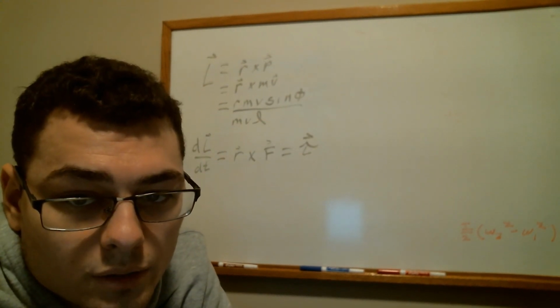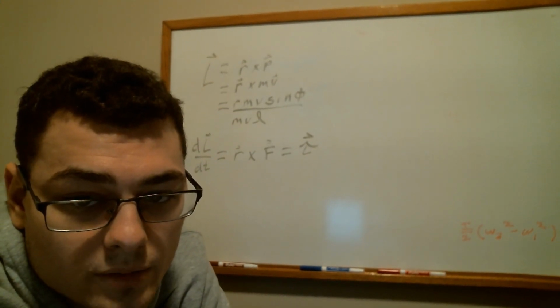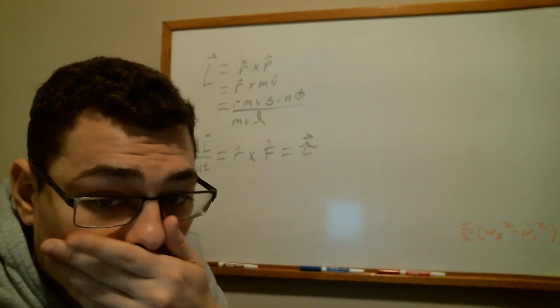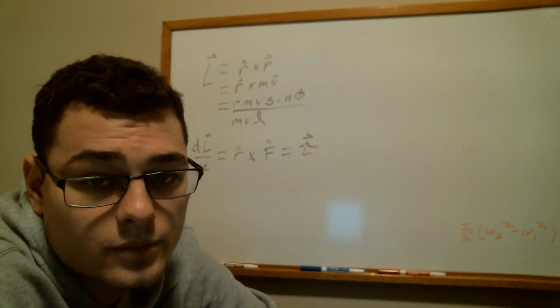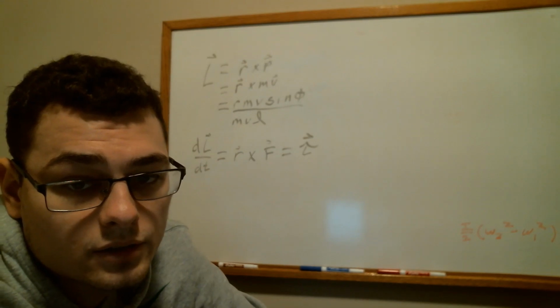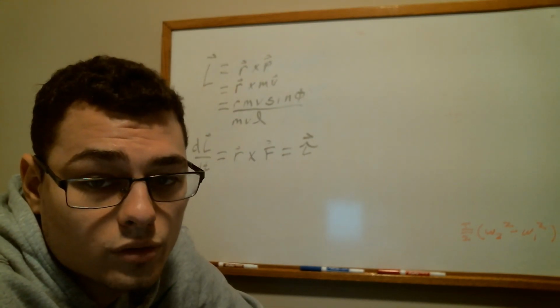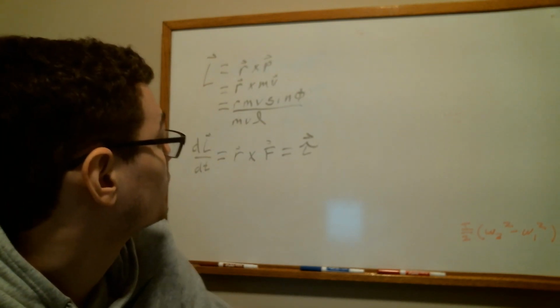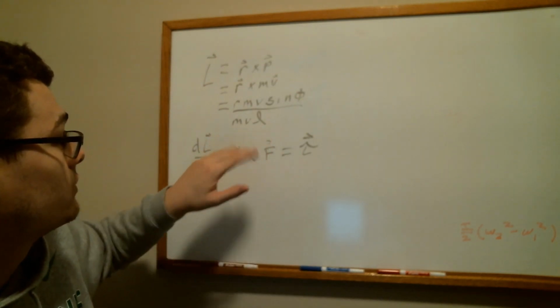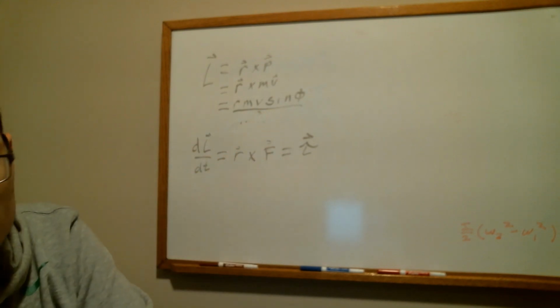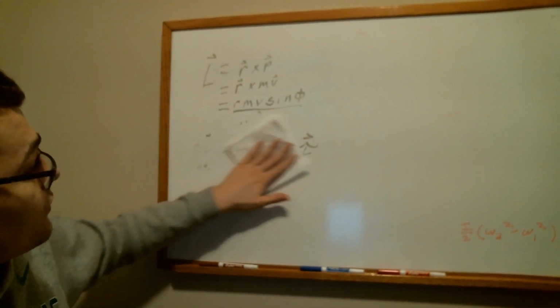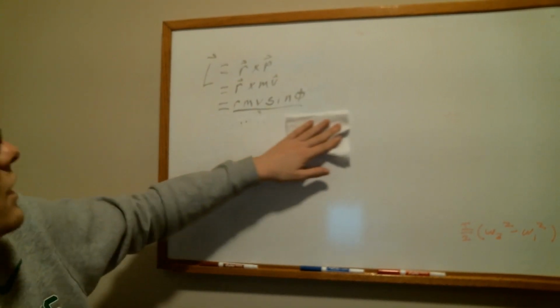So now we've talked about angular momentum as a cross product, but we're also going to have to talk about angular momentum for a rigid body. From before, we have this equation here, equal to R V sine phi.